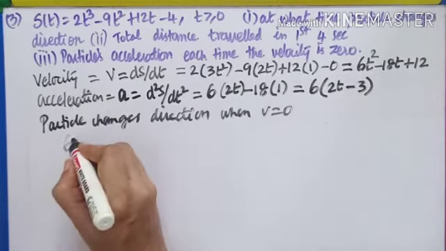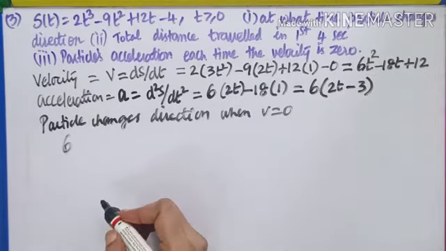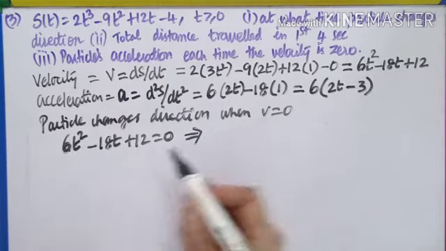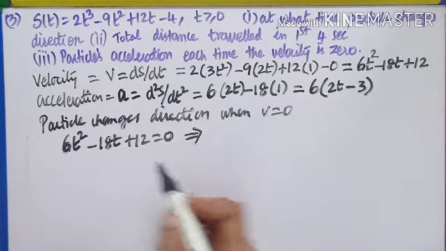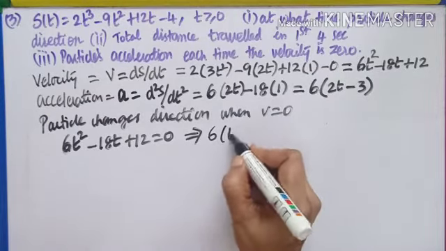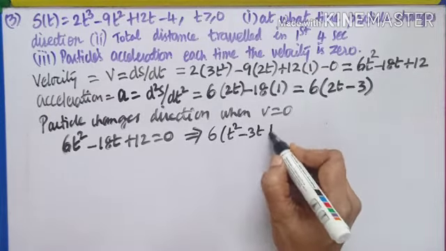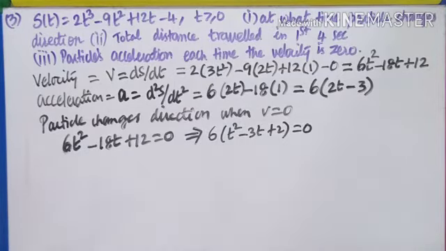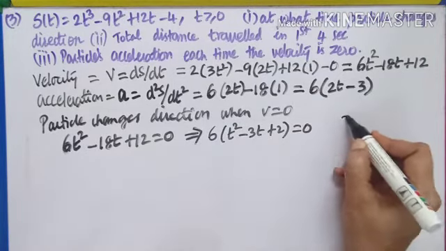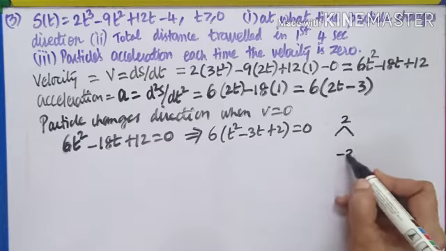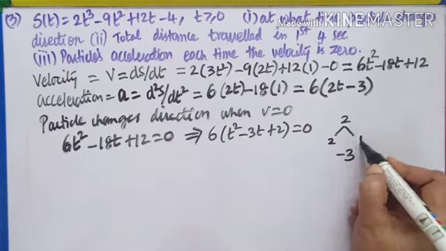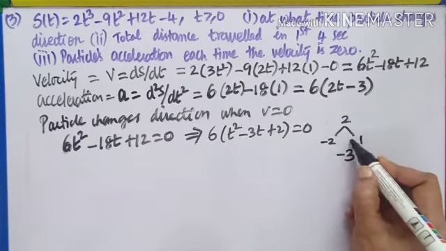That is 6t square minus 18t plus 12. As I put it equal to 0, we get 6 is common. So t square minus 3t plus 2 equal to 0. Factorizing 2, and I need minus 3. 2 ones are 2; because this is negative, minus minus.